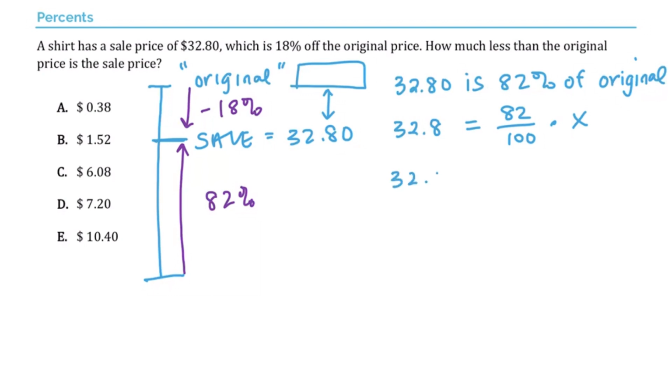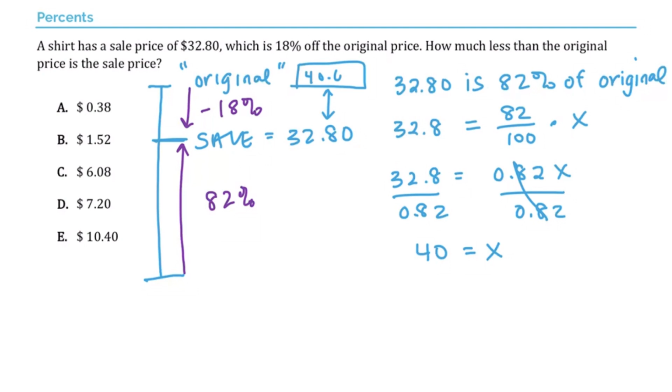Okay, so we have that 32.8 equals 0.82 times X. To solve for X, because we're multiplying by 0.82, I'm going to divide by 0.82 on both sides, and I get that 32.8 divided by 0.82 is 40, so 40 equals X. I now know that my original price was $40.